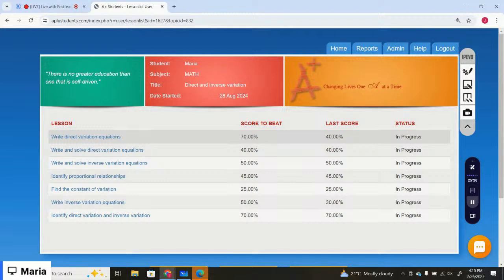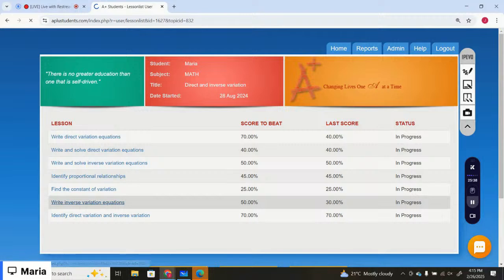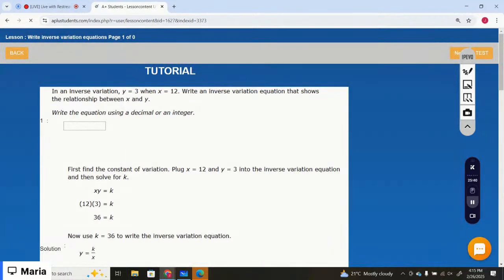The next lesson is write inverse variation equations.